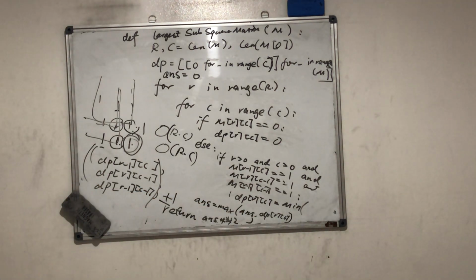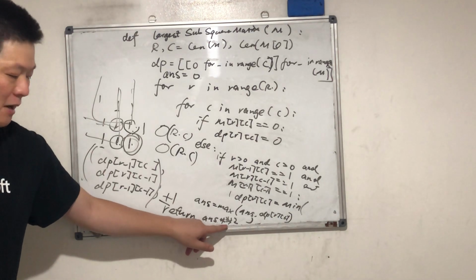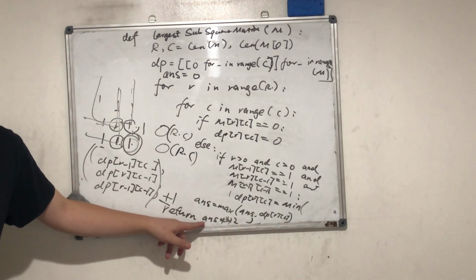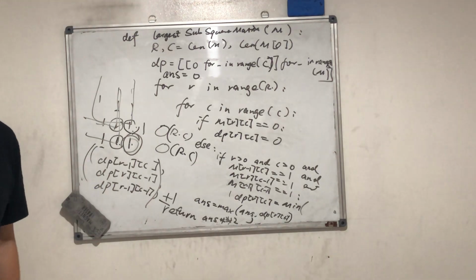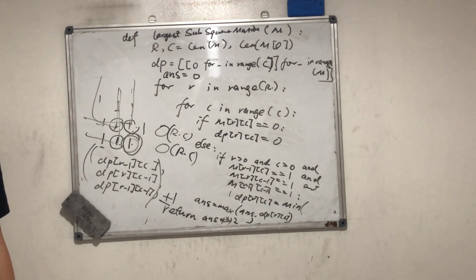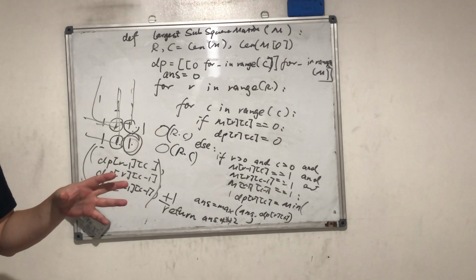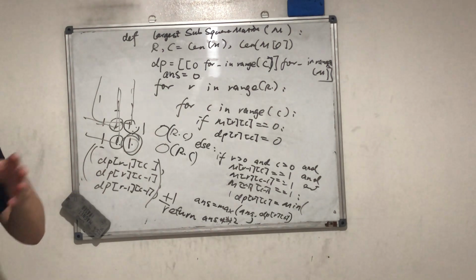Okay? And then we return answer times answer. What does this mean? Answer is when we know the largest side of a square, right?